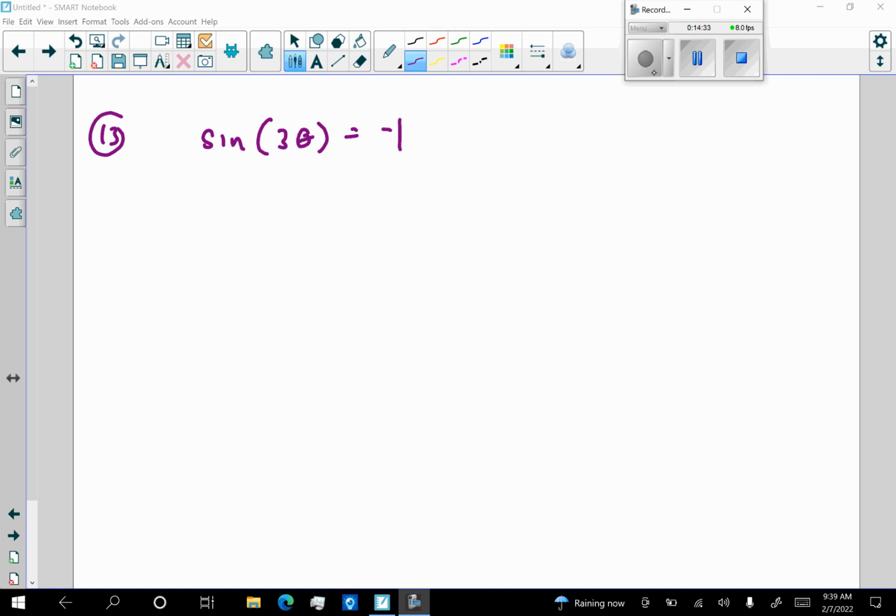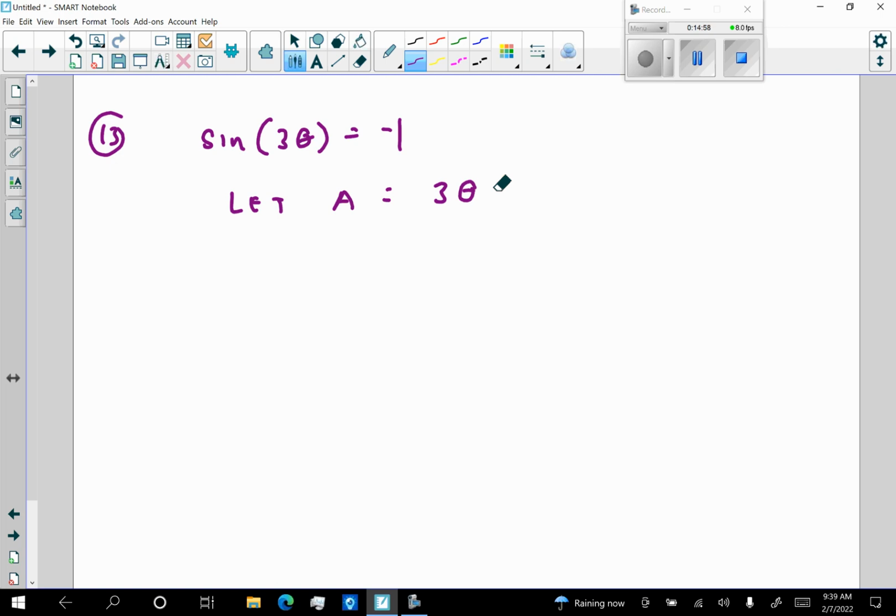There are different ways to approach this. My way is to let 3 theta be a single variable. So I'm going to off to the side here and say, hey, I'm going to let, it makes it easier for my simple brain to think about, I'm going to let A equal 3 theta, because I already have the trigonometric ratio solved.